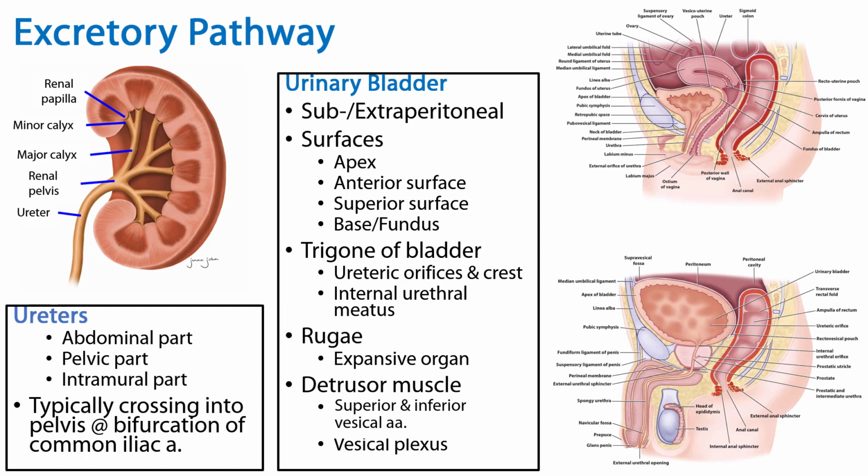So we've discussed the excretory pathway of urine from the very beginnings, the proximal portions of the conductive system, from the renal papillae through the minor calyces, through the major calyces, the renal pelvis, the abdominal part of the ureters, the pelvic parts of the ureters, the intramural parts of the ureters, the urinary bladders.